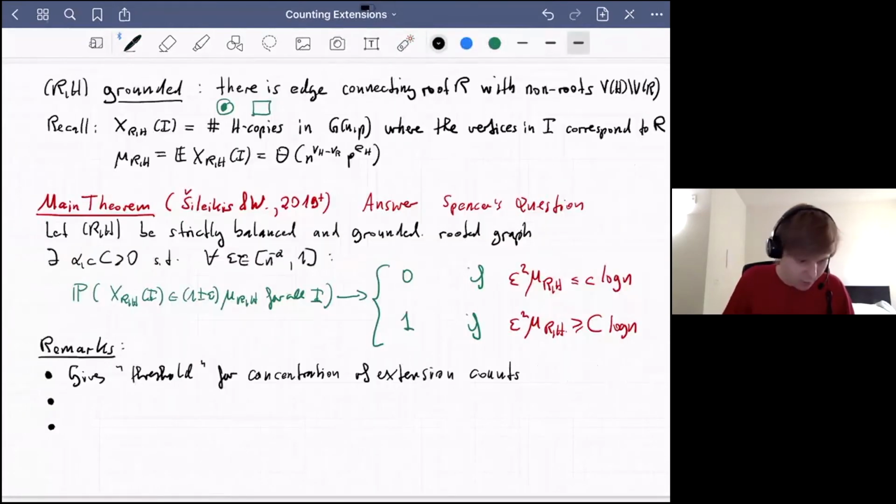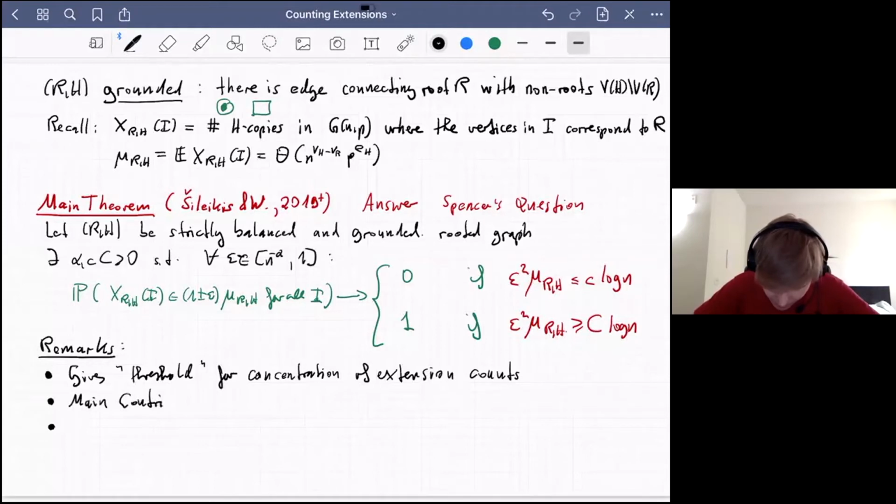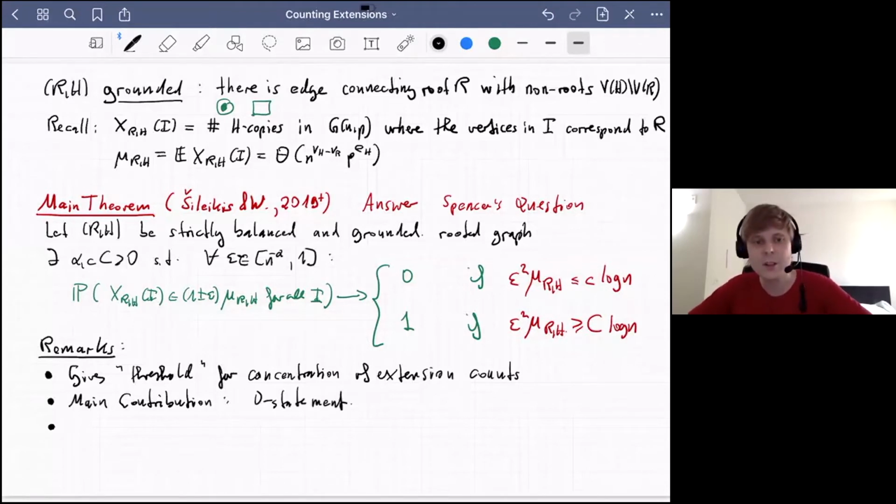You might ask, what is really the main contribution of our results? The main contribution is really the 0 statement, which was missing in previous work. Previous work was focusing on sufficient conditions, but there was no 0 statement.